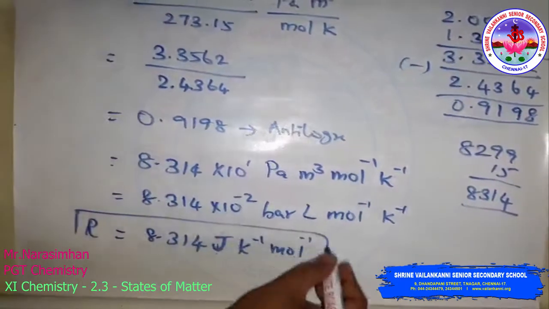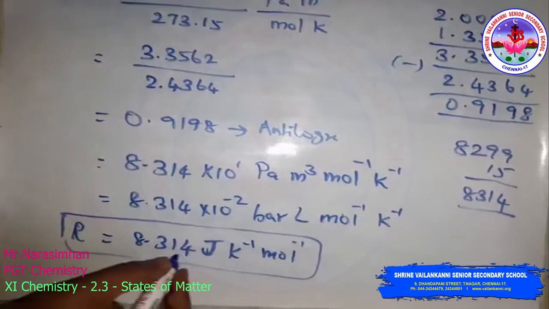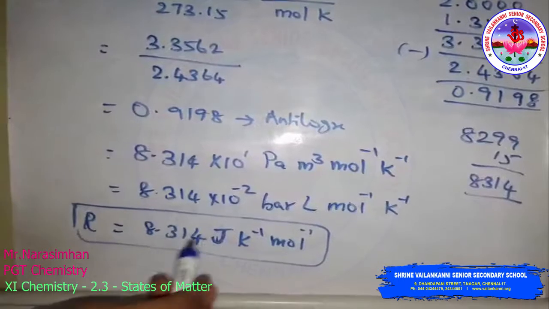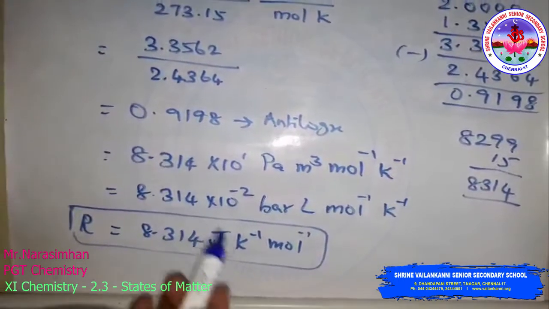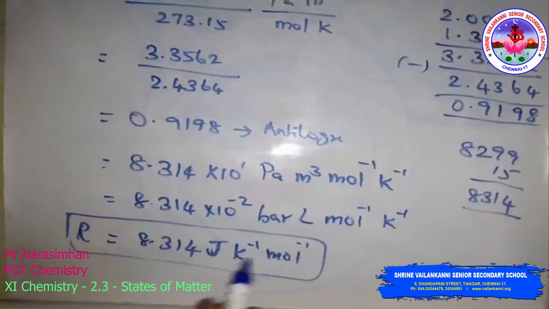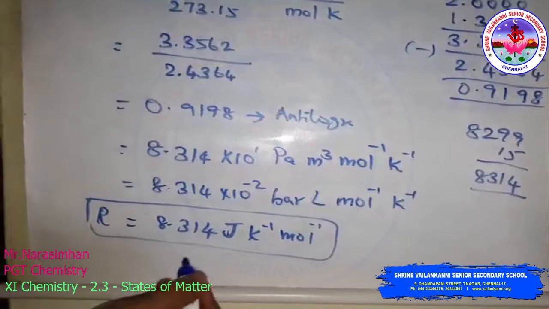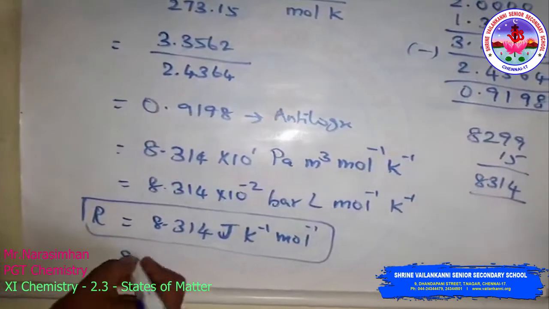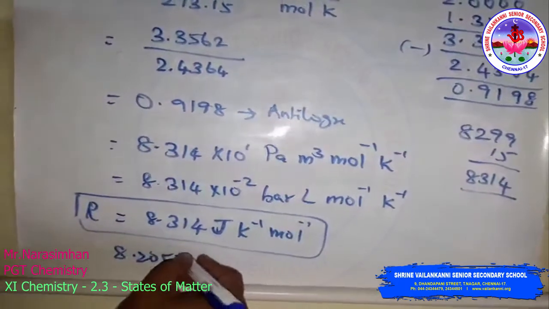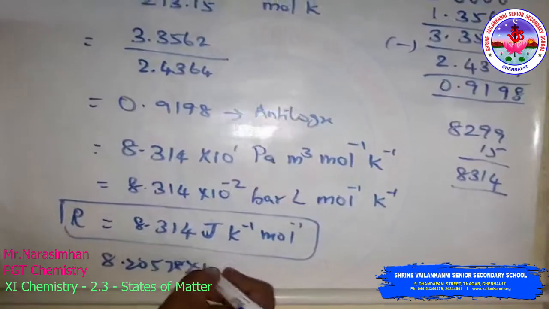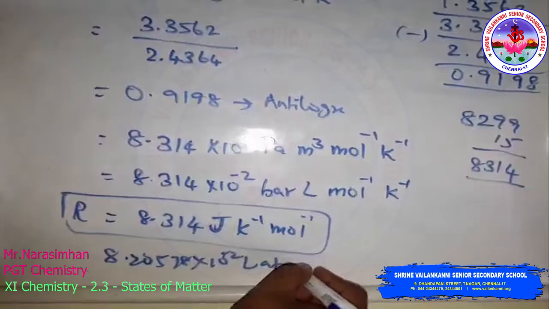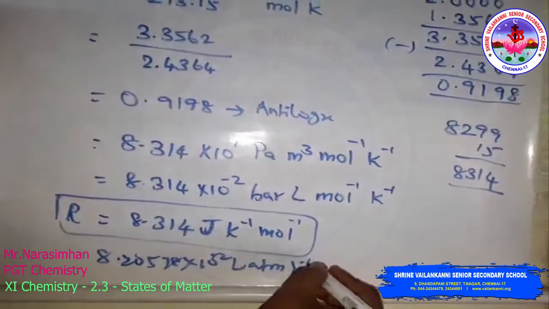The gas constant value is 8.314 joule Kelvin inverse mole inverse. So at standard temperature pressure condition that is used earlier, 0 degrees Celsius at atmospheric pressure, that is the R value is what? 8.20578 into 10 power minus 2 liter atmosphere Kelvin inverse mole inverse.